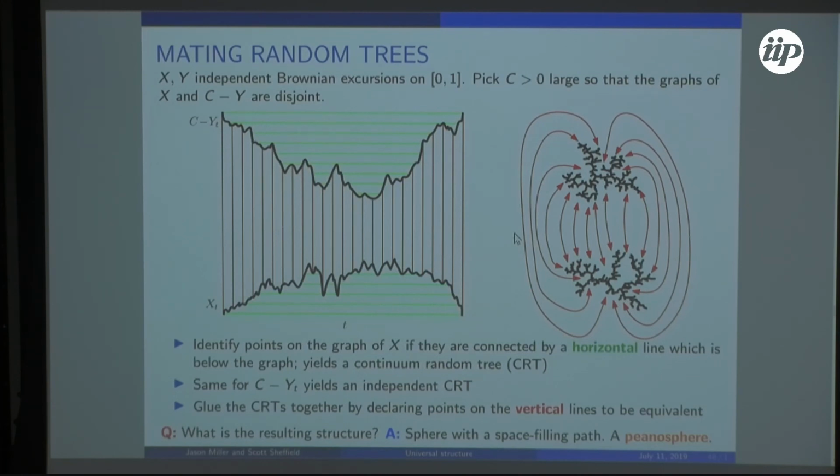And moreover, if you vary how these trees are correlated with each other, so you make the two Brownian motions correlated with each other, then that varies the gamma. So if you make these highly correlated so that the two trees are essentially the same, then when you glue them together, you just get a tree. It's as tree-like as possible. If you make them less correlated, then you get something where they fit together in an alternate way like this.